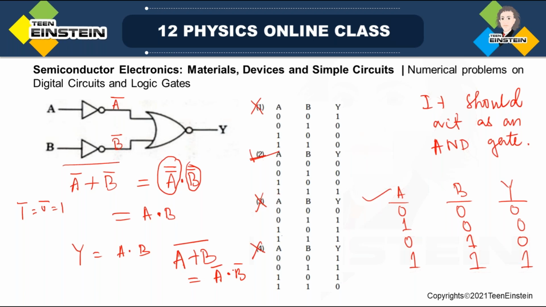When you have A dot B whole bar, you can break it as A bar or B bar. These are the things you should remember. So A and B whole bar, you can write that as A bar or B bar.